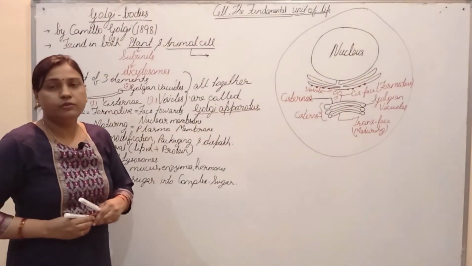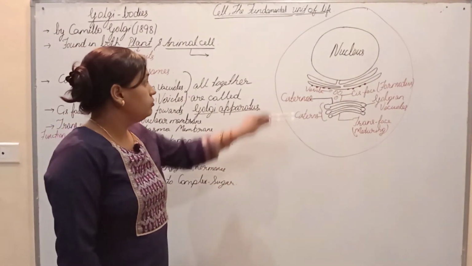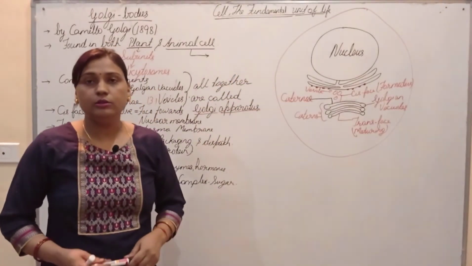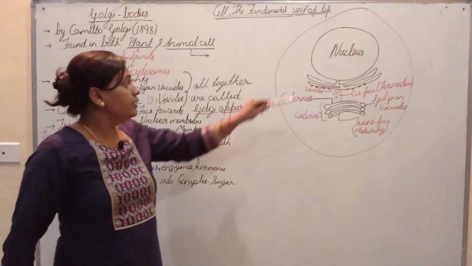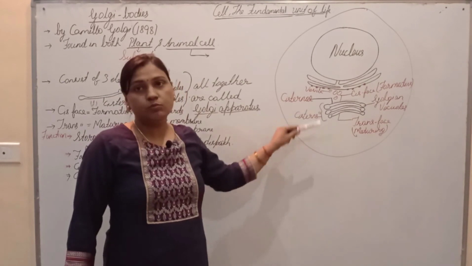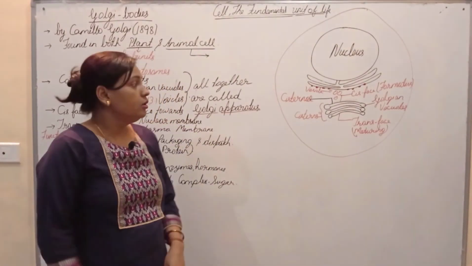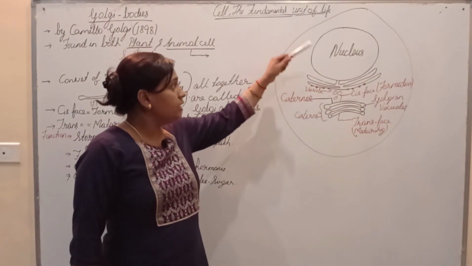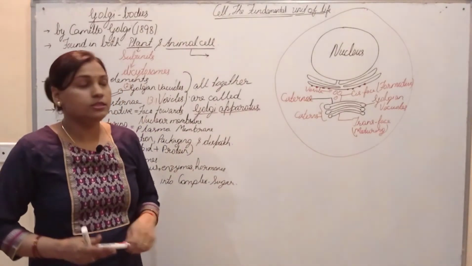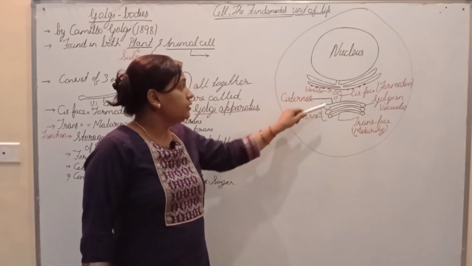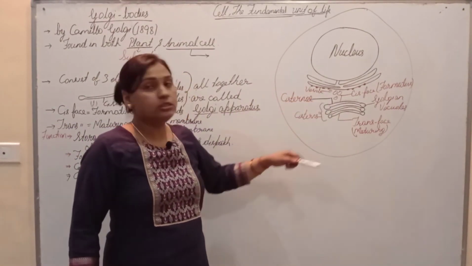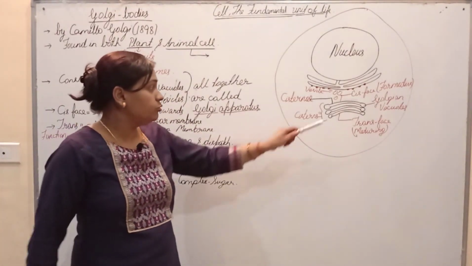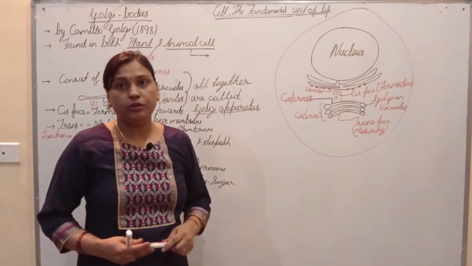So in this way we saw the structure of the Golgi body. The Golgi body is located in between the nucleus and the plasma membrane of the cell. The part that faces towards the nucleus is called the cis phase, and the part that faces towards the plasma membrane is called the trans phase, or maturing phase.